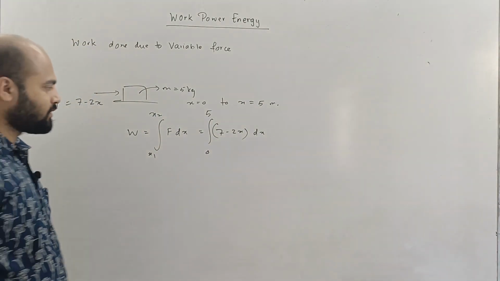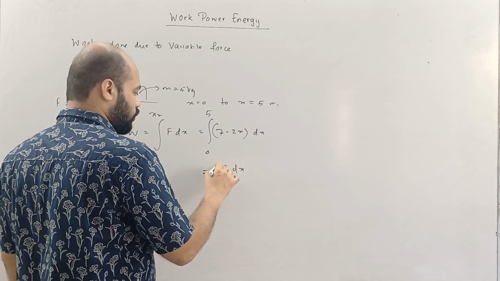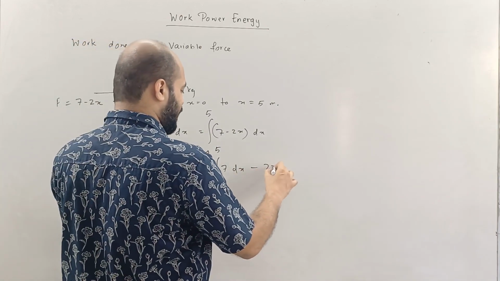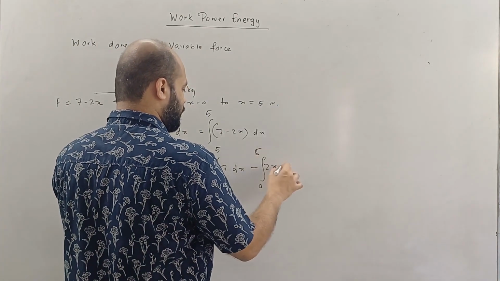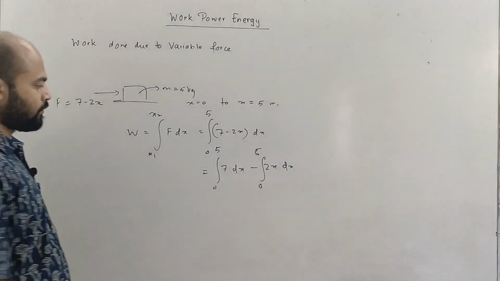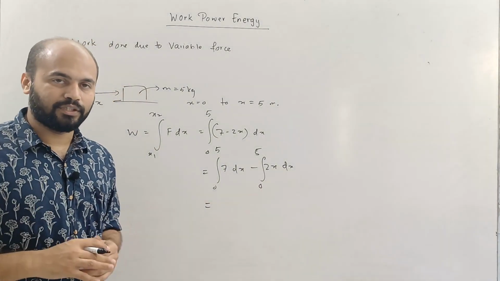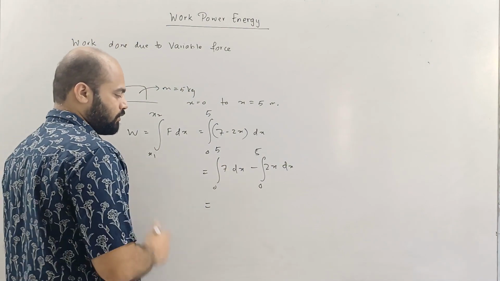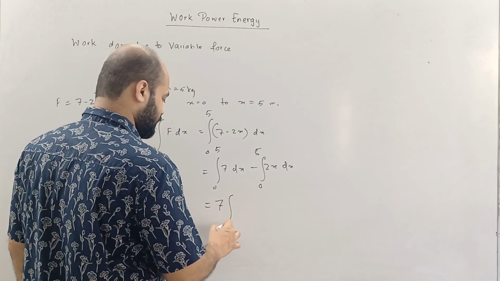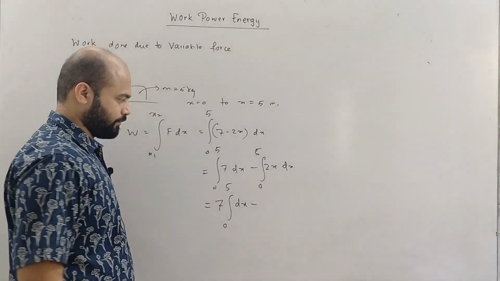Now let's integrate this. So the rule is, whenever you find some constants in integration, let the constants be taken out of the integral sign, and we'll get this expression.